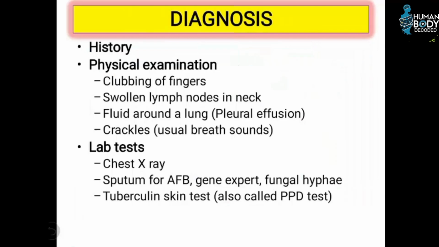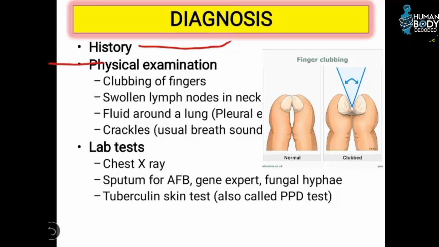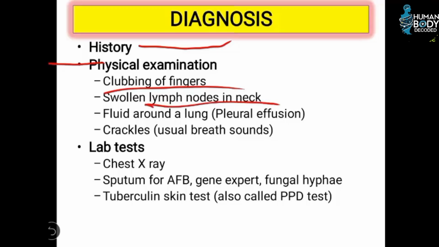Diagnosing TB. To confirm TB, doctors follow these steps. 1. Take a patient's history to check if they've traveled to high-risk areas, if they've been in close contact with a TB patient. 2. Perform a physical examination, including checking for finger clubbing, feeling for swollen lymph nodes in the neck, checking for signs of pleural effusion, listening for crackling sounds in the lungs. 3.